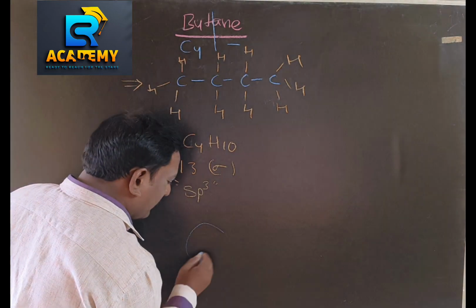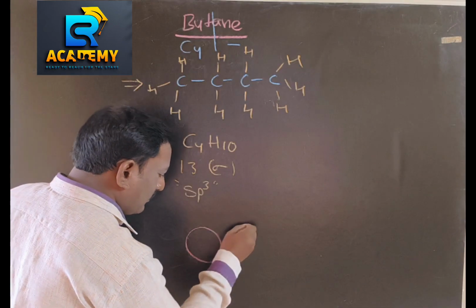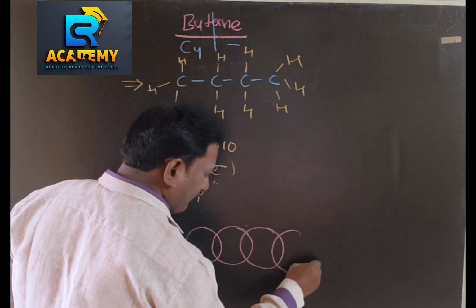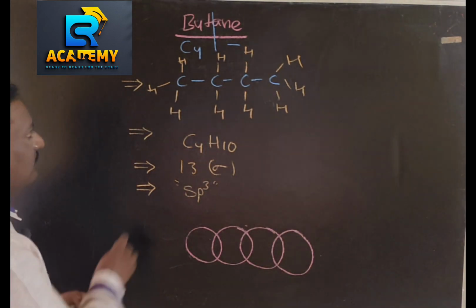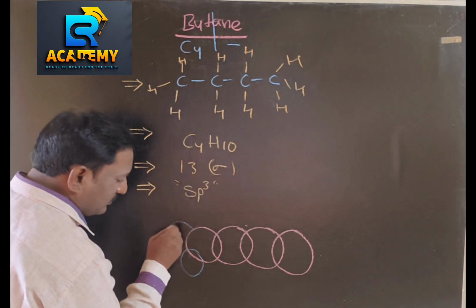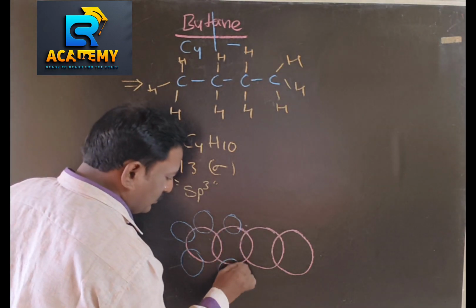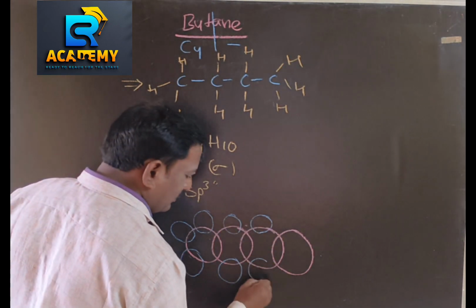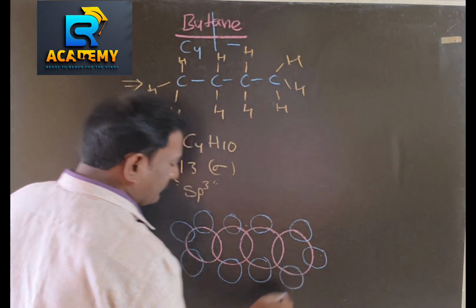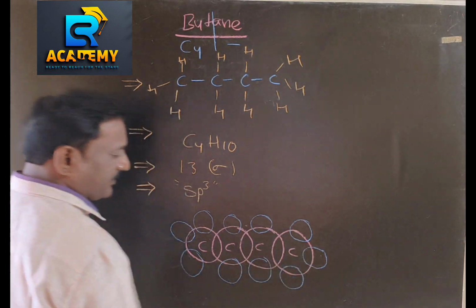Four main circles we require: 1, 2, 3, 4. So terminal carbons with 3 hydrogen atoms: 1, 2, 3. This one is 1, 2. This one 1, 2. And 1, 2, 3. Carbon, carbon, carbon, carbon.